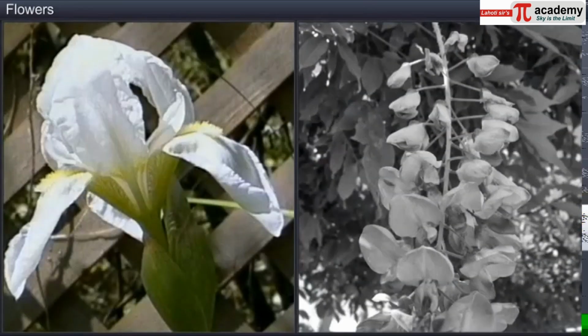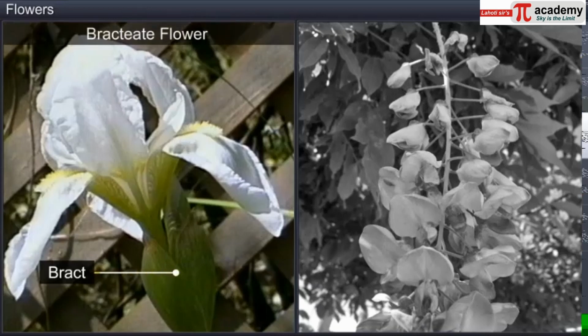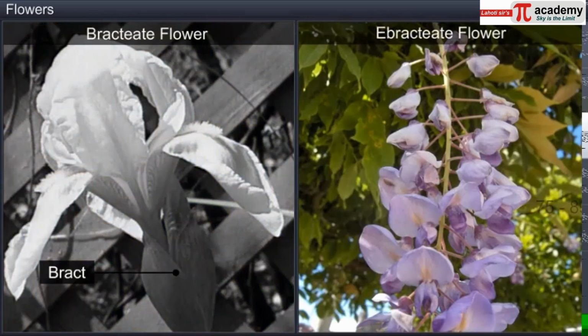Some flowers have reduced leaves at the base of the thalamus known as bracts and are commonly called bracteates. These bracts are absent in some flowers known as ebracteates.